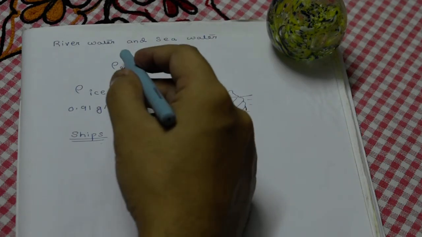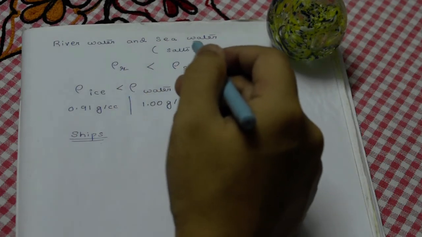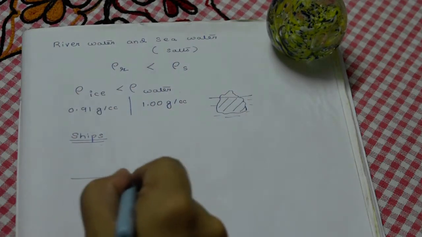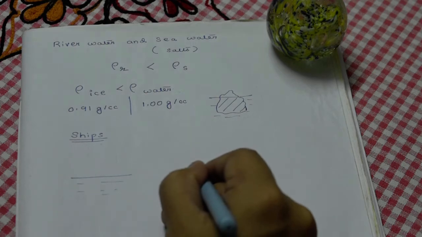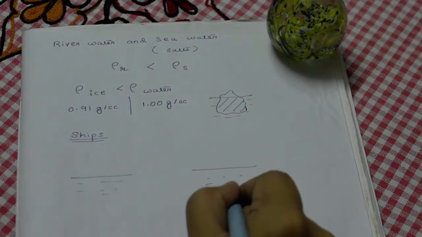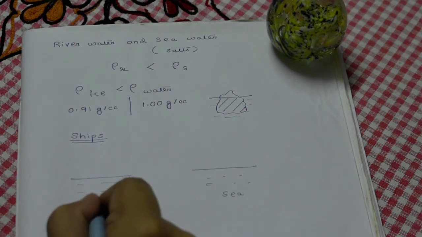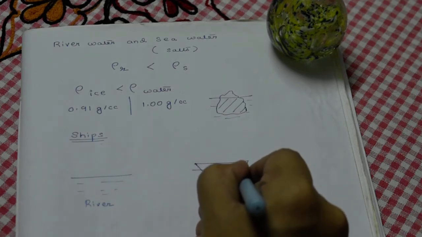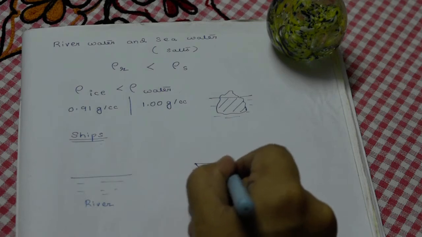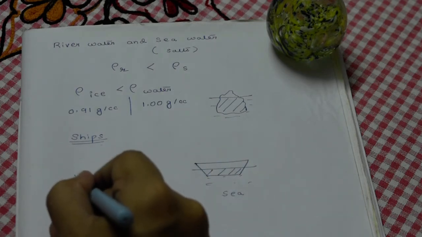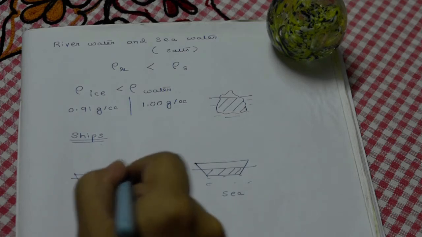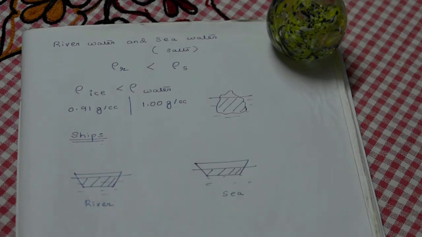But in river water the density is small, so the amount of upthrust is also less, so the ship gets submerged. So if this is sea water and this is river water, and there is a ship, suppose this much portion of the ship is submerged in sea water, but when it comes to river, a greater portion of the ship is submerged, because the density of river water is less than the density of the sea water.